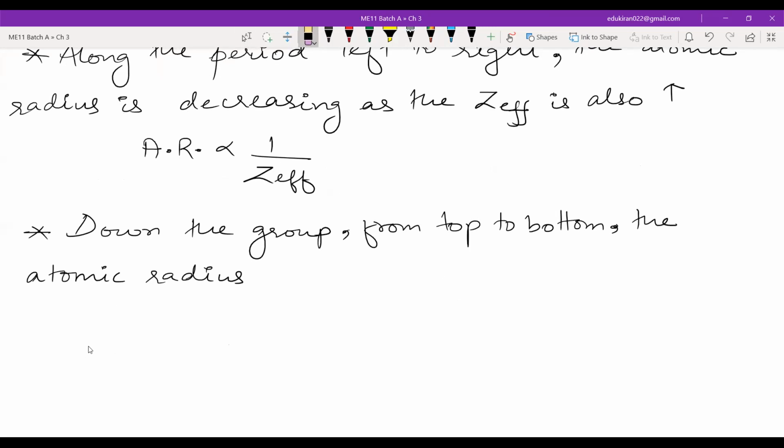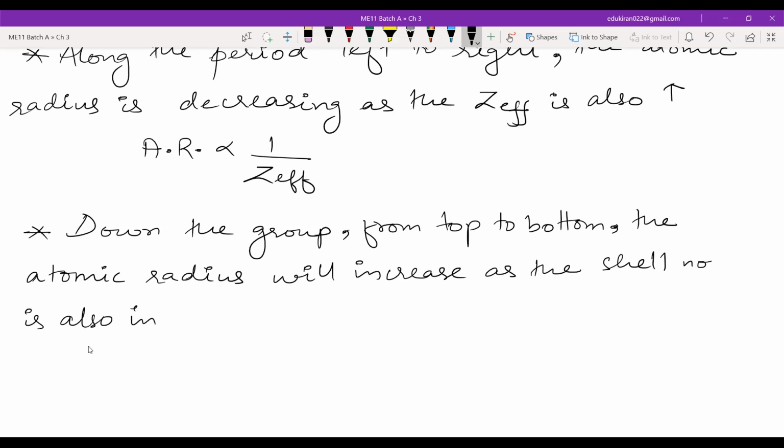So down the group, the atomic radius will increase as the shell number is also increasing. That means atomic radius is directly proportional to shell number. If shell number increases, atomic radius also increases.